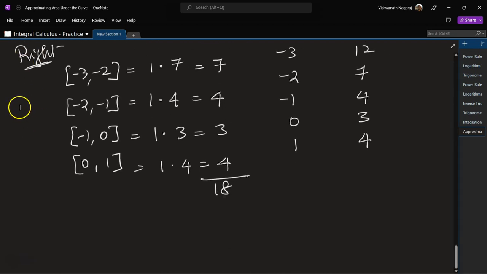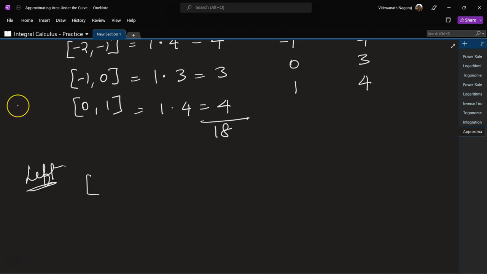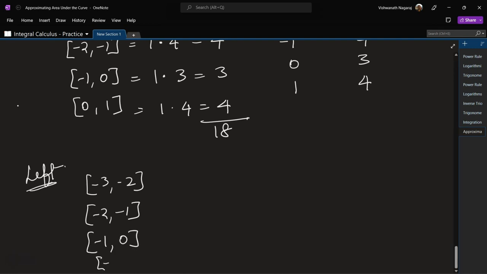Yes. And if we take the left endpoint, we get again -3 to -2, -2 to -1, -1 to 0, and 0 to 1.